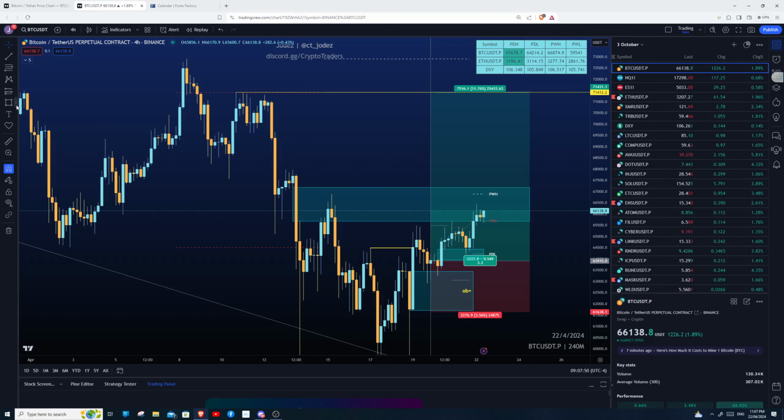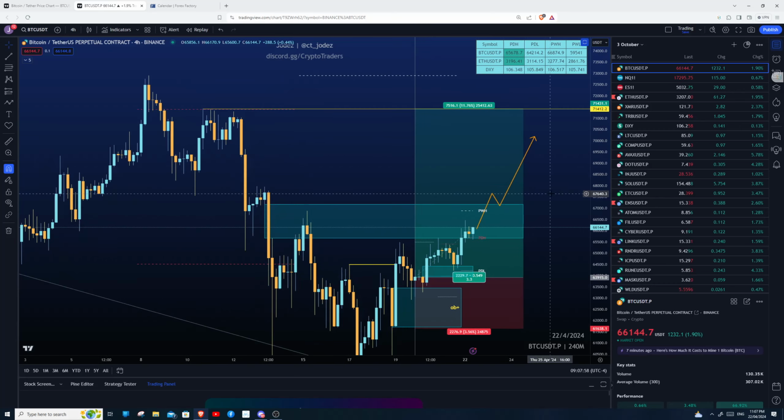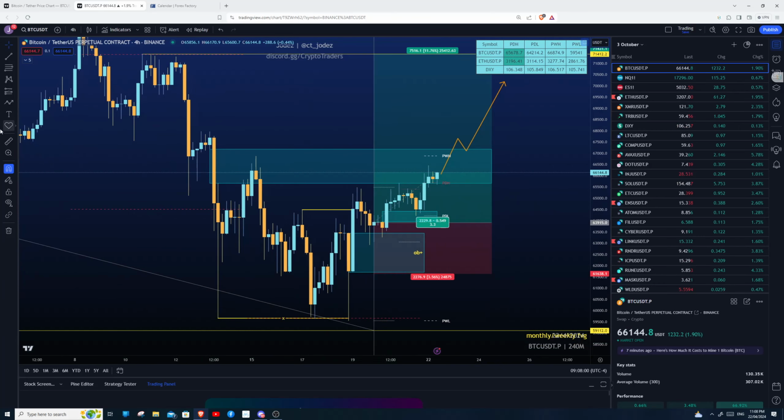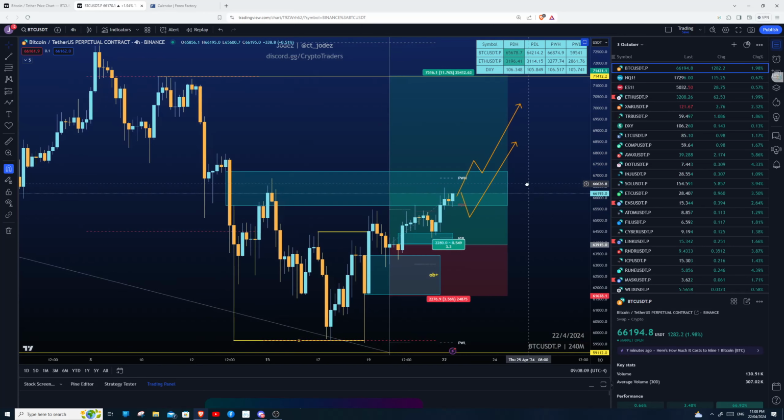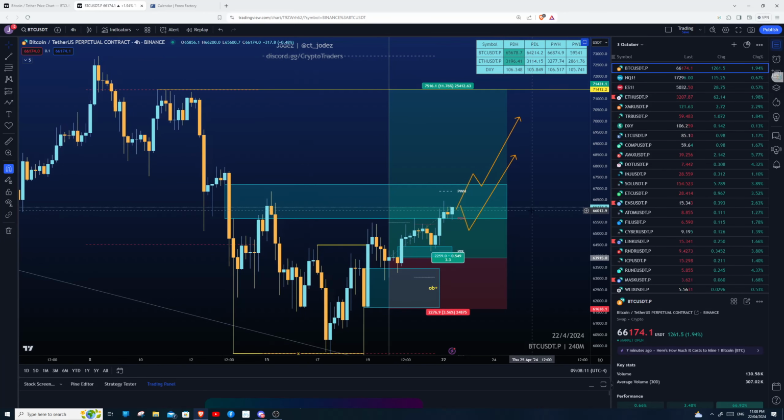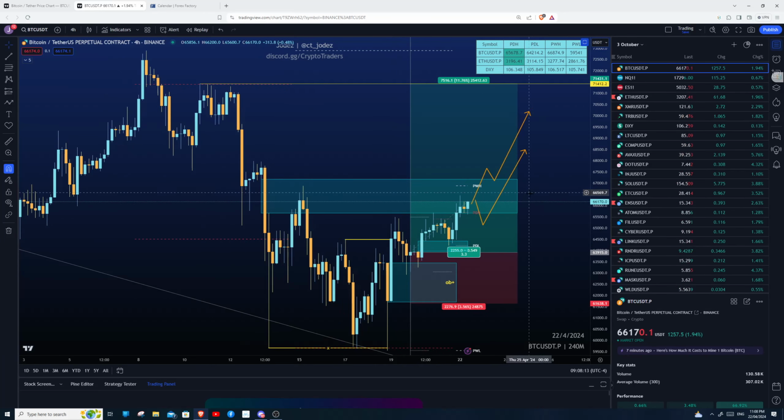So if price is able to continue to show strength and close above this level, 67,000, then we can probably continue upwards for the rest of the week. Alternatively, we can reject from this resistance zone and form a Tuesday low of the week before continuation. But in my opinion, all scenarios point towards a bullish week.